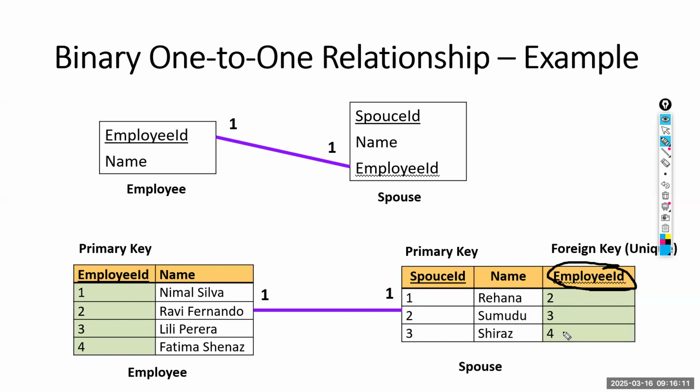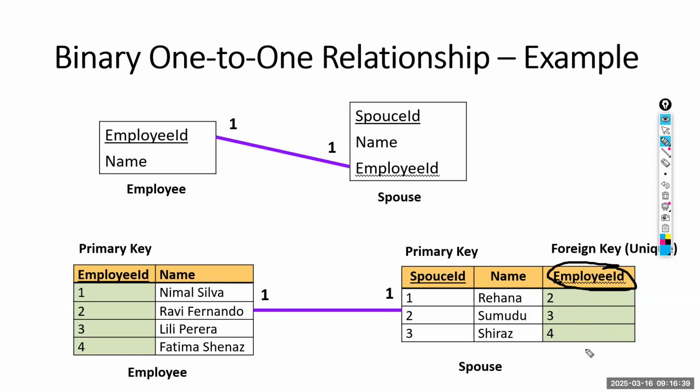Remember earlier we created department ID in the employee table, but we did not make it unique. That is why for different employees, we can have the same department. So that effectively facilitated one-to-many. But the moment you make this field also unique, now it is one-to-one. Because no two spouses can have the same employee.